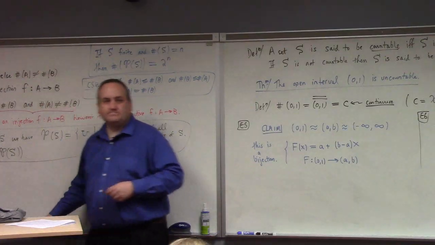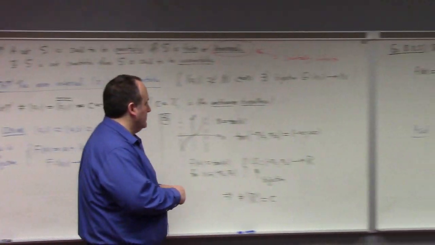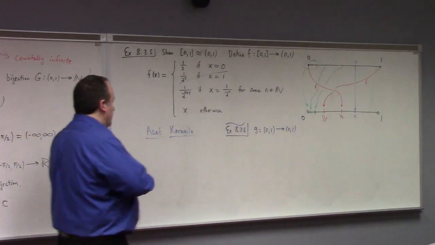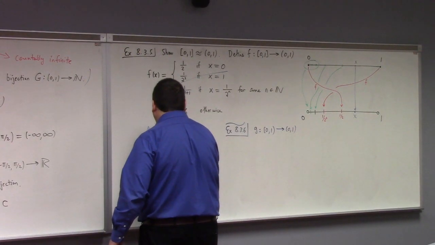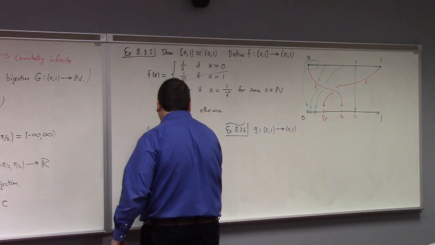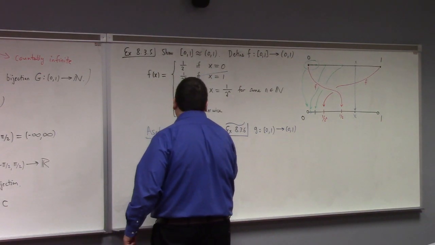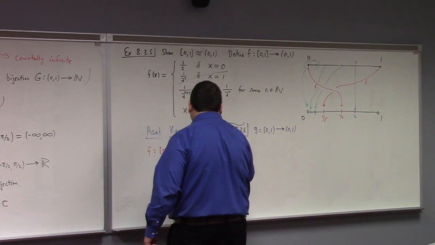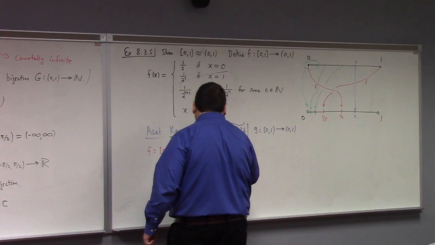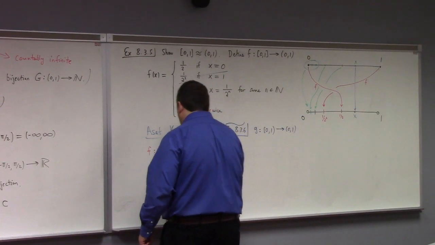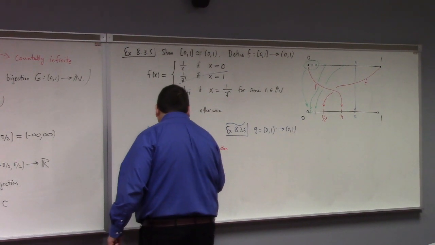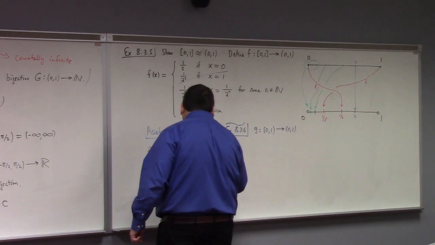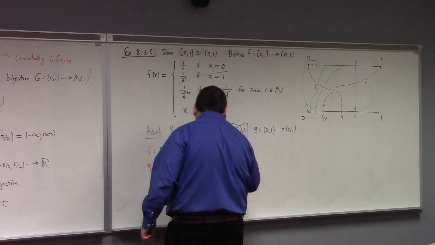Let's do it. You guys tell me: I want f, a mapping from the closed interval from 0 to 1 into the open interval from 0 to 1, an injection. And I also want g, a mapping from the open interval from 0 to 1 into the closed interval from 0 to 1, an injection.